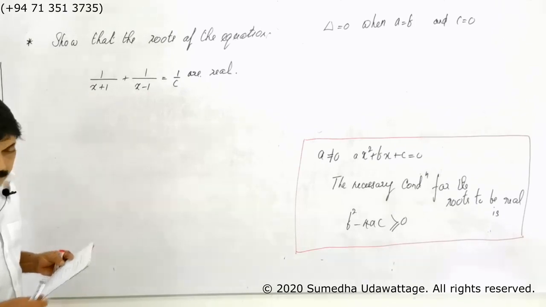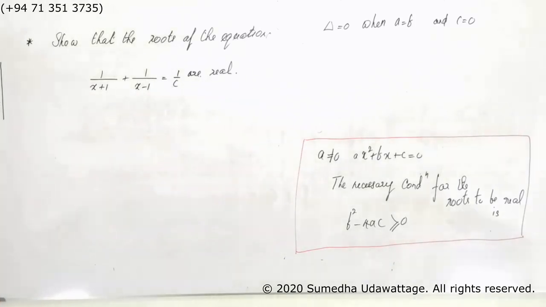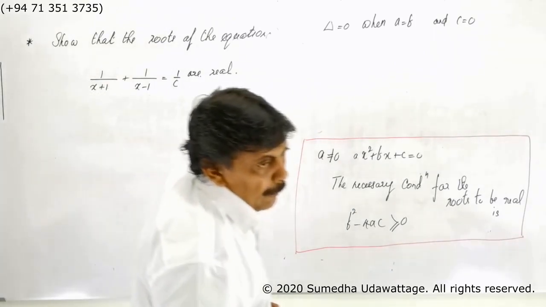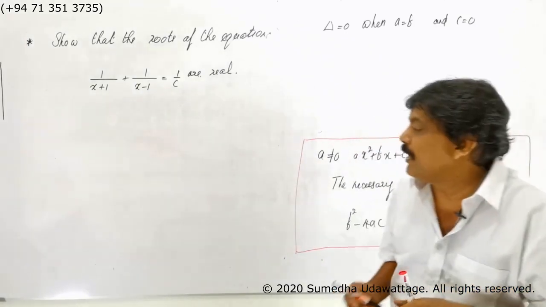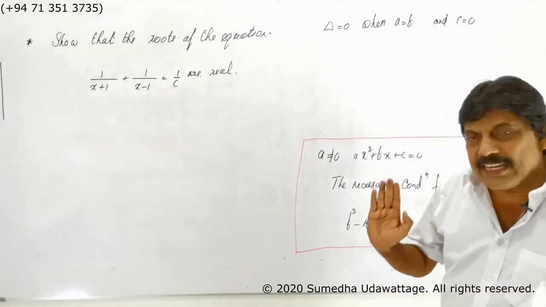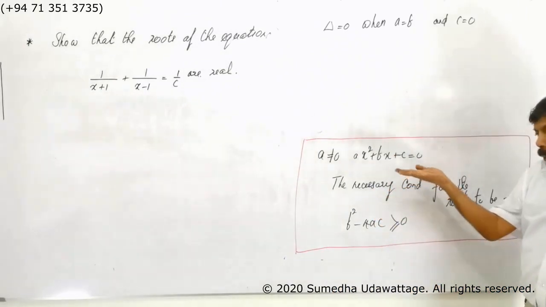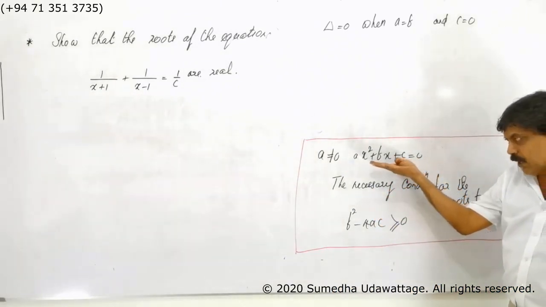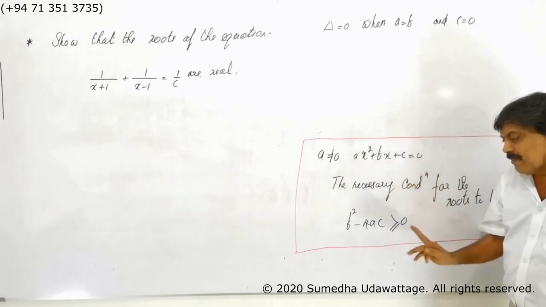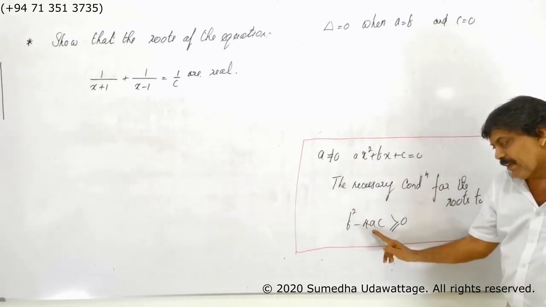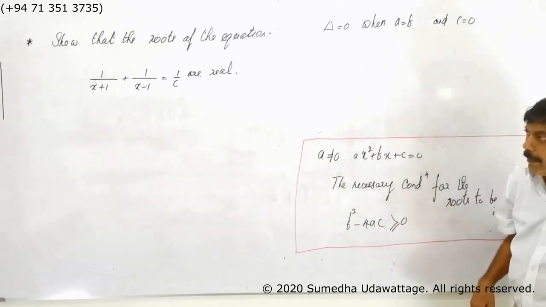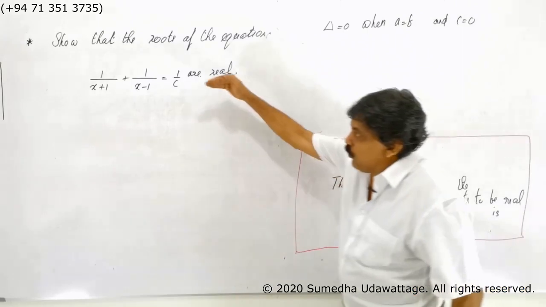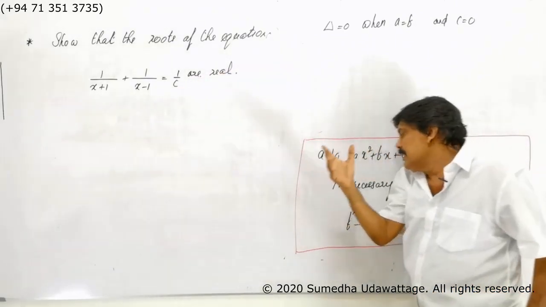Now say you are given this equation and asked to show that the roots are real. But the theory we know is that when a is not equal to 0, for ax square plus bx plus c, the necessary condition for the roots to be real is b square minus 4ac larger than or equal to 0. But this equation is not of this form.